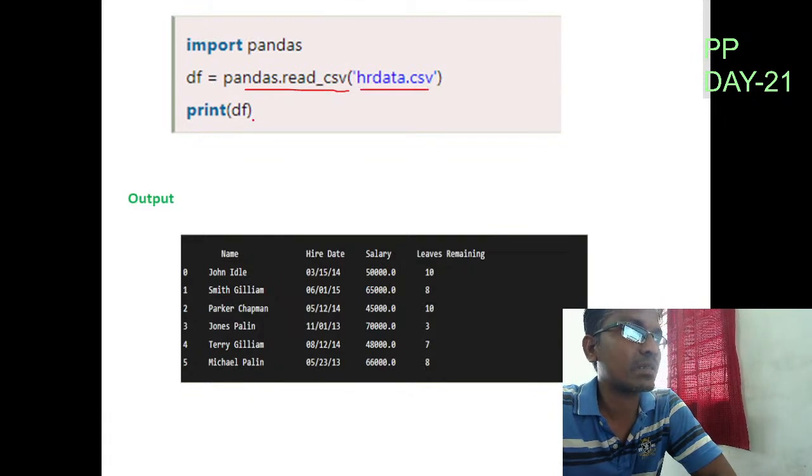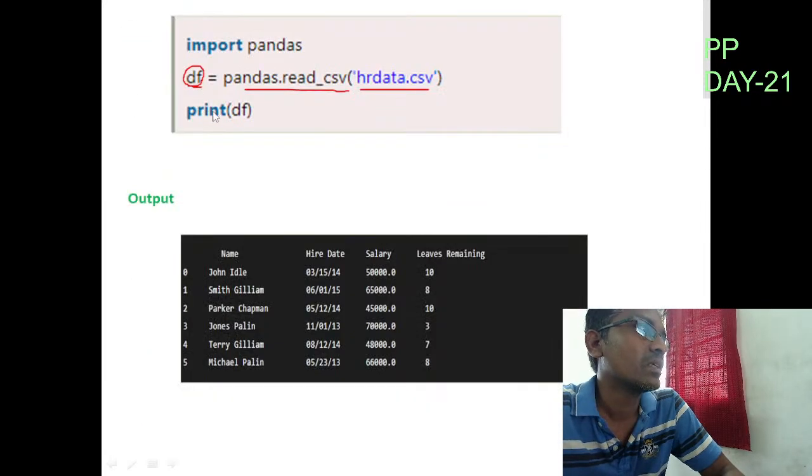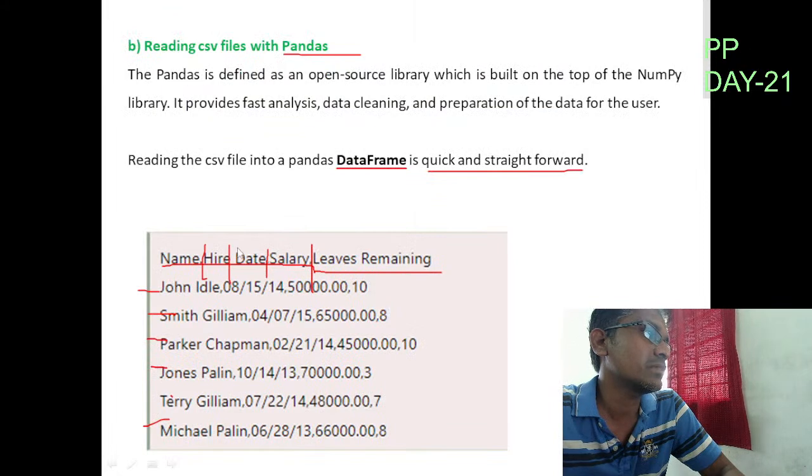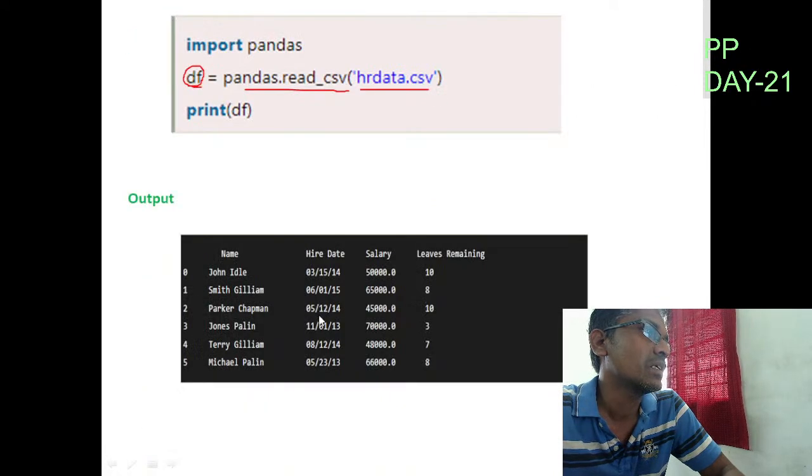After that, df stands for data frame, and I want to display the data frame here. Then I got the output, which is nicely displayed in the form of rows and columns. So this is my data, and it can be structured in the form of a data frame.